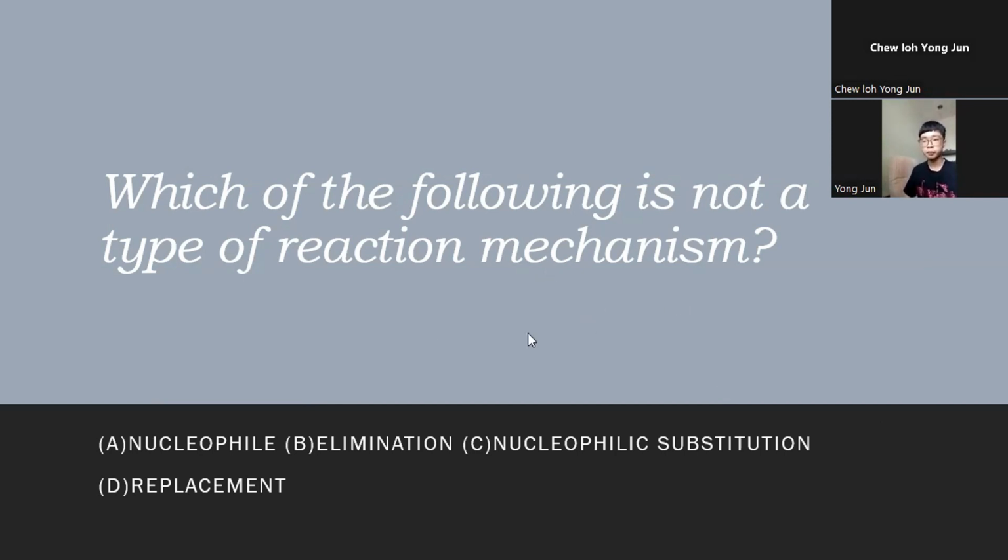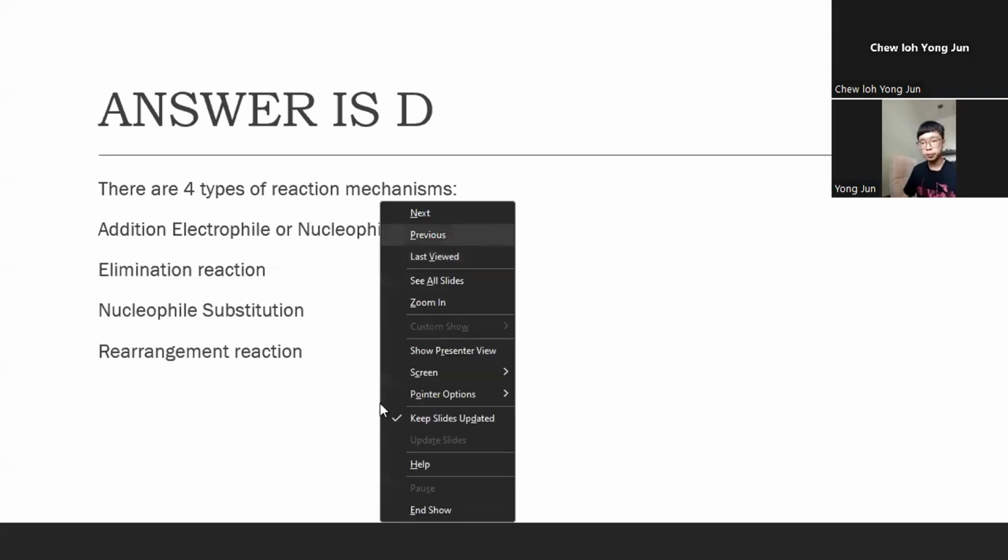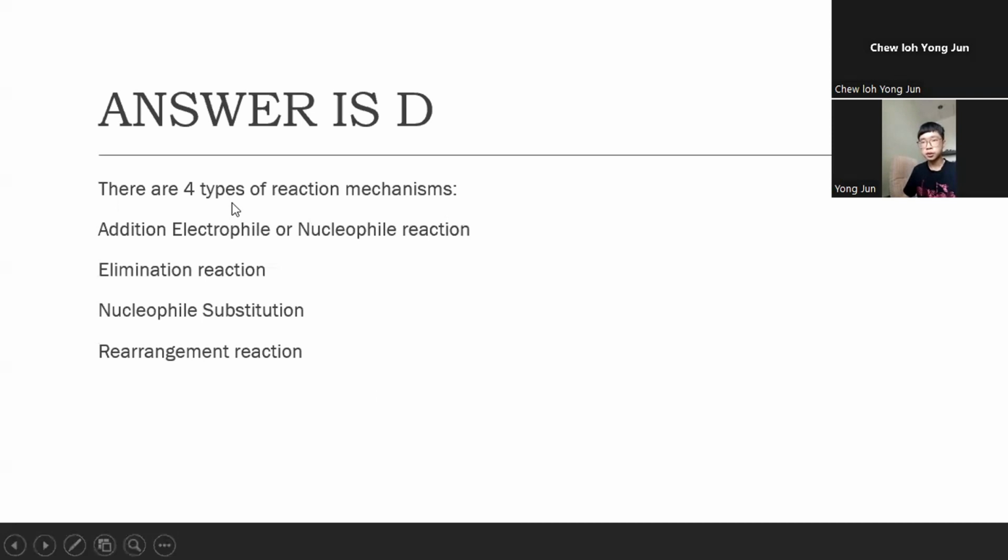Which is it? The answer would be D, replacement. There are four types of reaction mechanism. One is the addition, electrophile or nucleophile reaction. The second one is the elimination reaction.